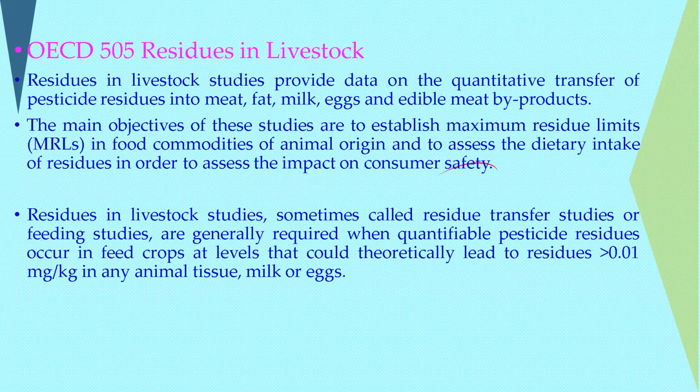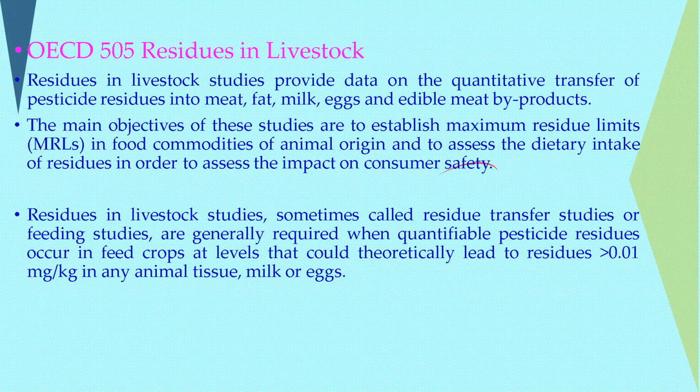So the main objective of these 505 studies is to establish maximum residue limits, that's MRL, in food commodities of animal origin, and to assess the dietary intake of residues in order to assess the impact on consumer safety. So there is not much difference between 505 and 503, whereas in the case of 503, the metabolism studies are also conducted, whereas in case of 505, only residue analysis is being done.